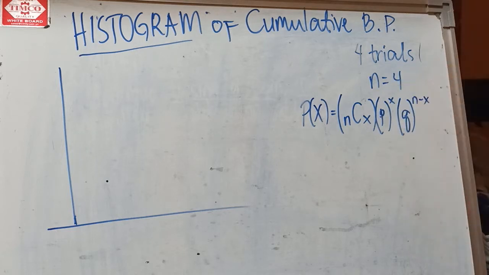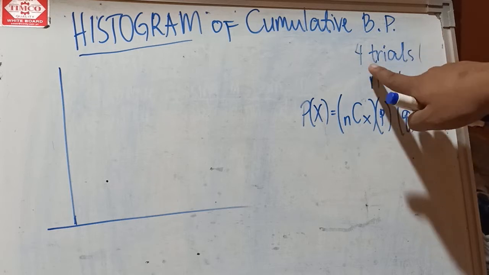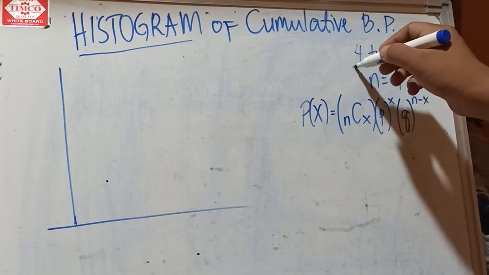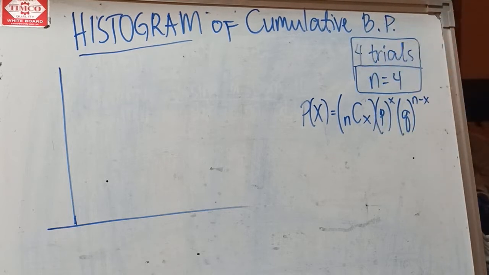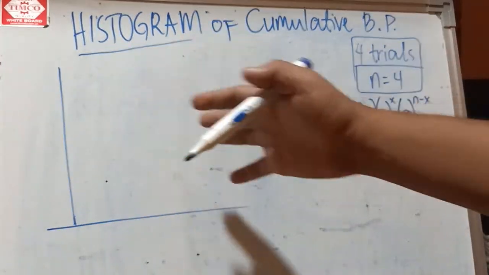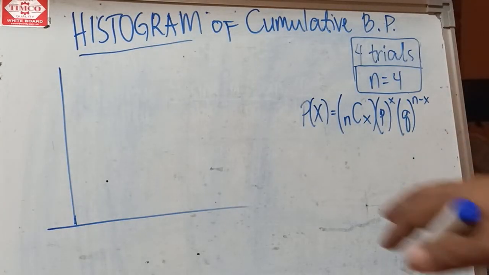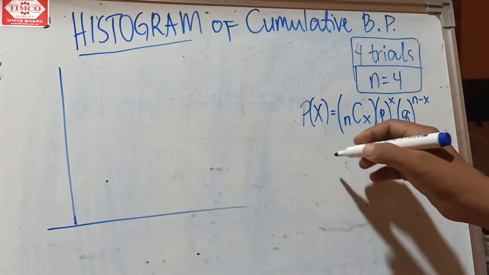So since we go on 4 trials, let's say the n is 4. So basically we have 0, 1, 2, 3, 4, so 5 bars in the histogram. We start with 0, of course.